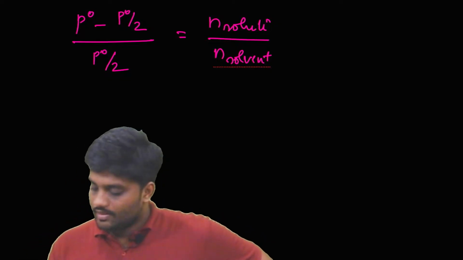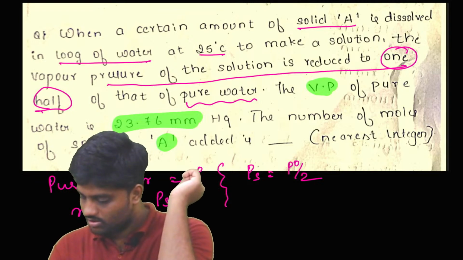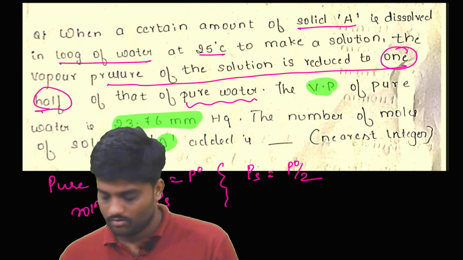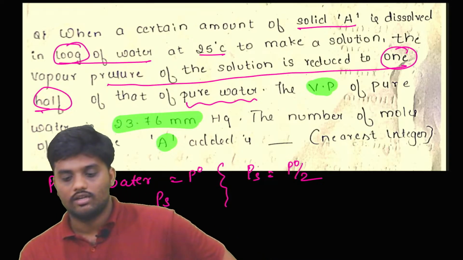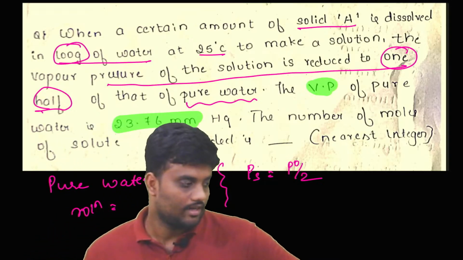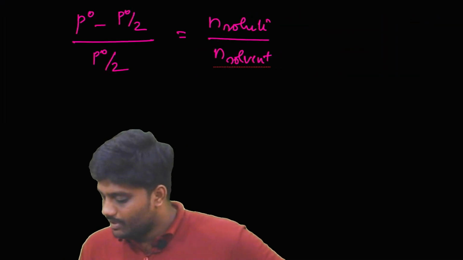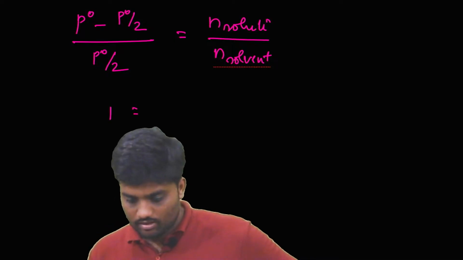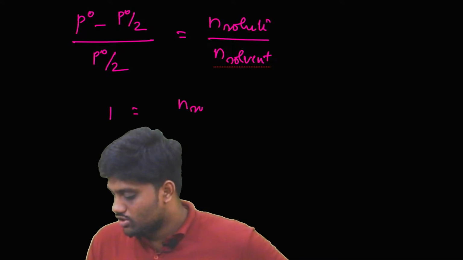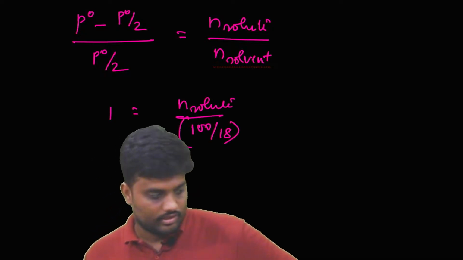They said the given weight of the water is 100 here. That means from here, P0 upon P0 by 2 will be equal to 1, which is equal to moles of the solute upon 100 upon 18, the moles of the water.